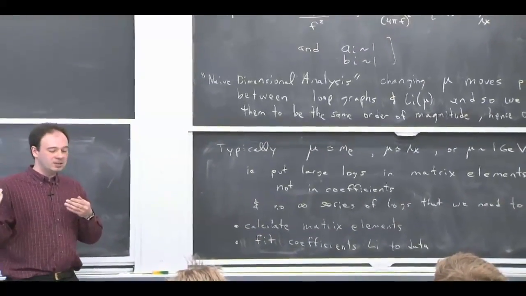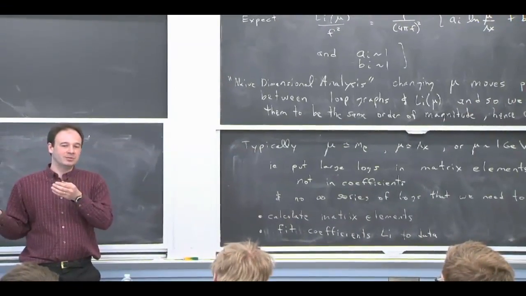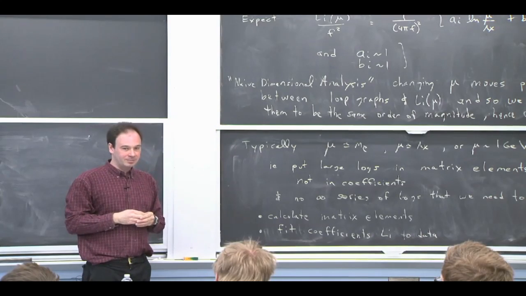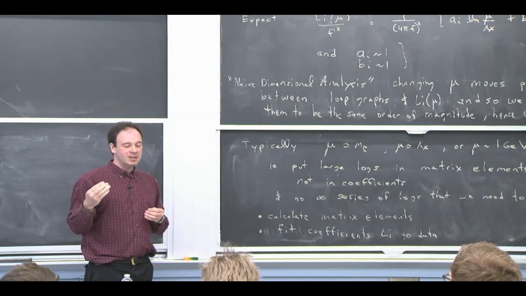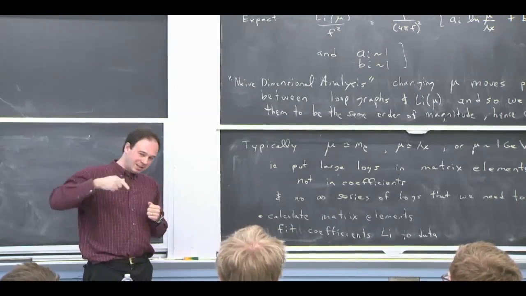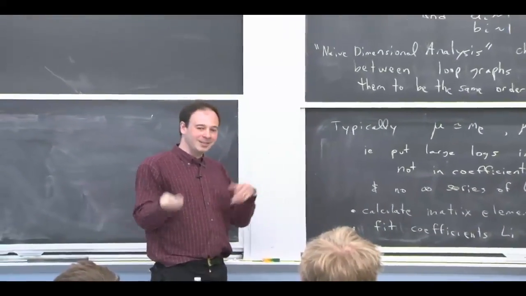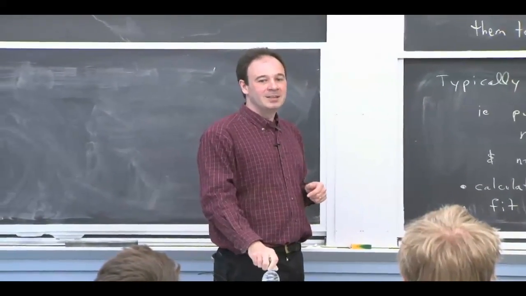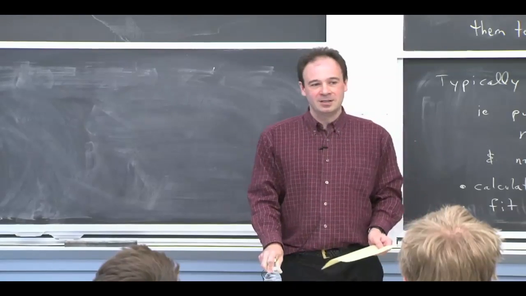You still have a large log, and you are allowed to say that the large log is the most important piece of my matrix element. But it doesn't repeat itself in the higher orders. Once you go to higher loops, you're actually getting something that's power suppressed, not loop suppressed. So the loops are giving power suppression, and that changes a lot of things.